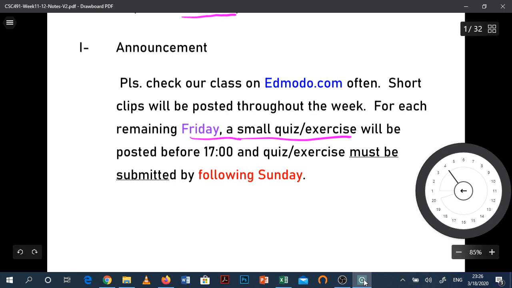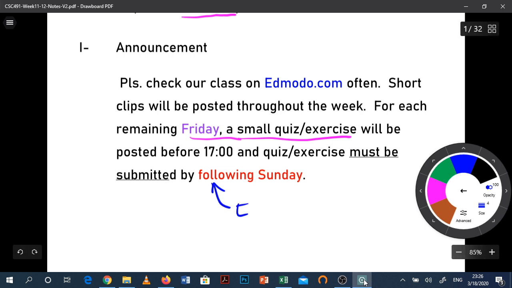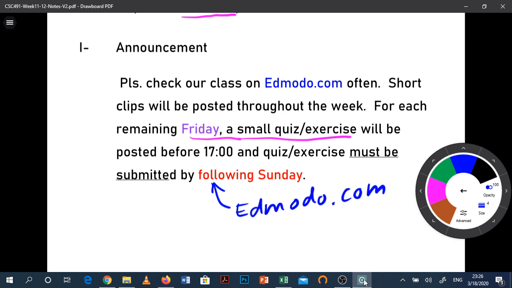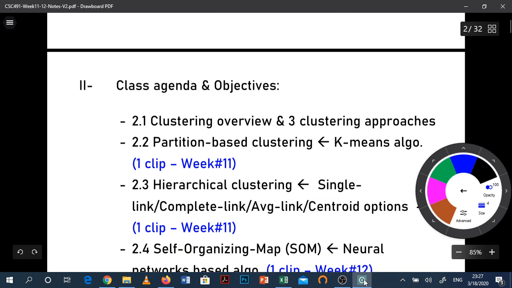Just to keep you active, every Friday I will come up with a small quiz or exercise on Edmodo, and hopefully you post back either the quiz answer or the short exercise on Edmodo by the following Sunday. Okay, so let's get into it.